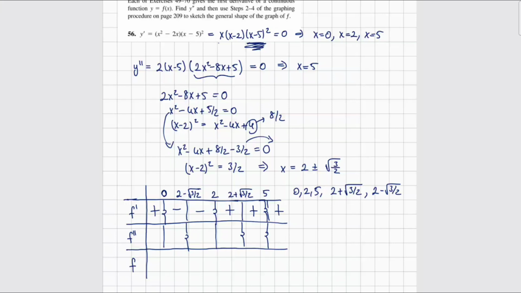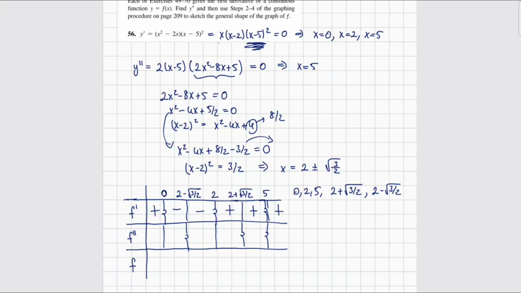Now for the second derivative, we can easily plug x equal to 0 into our second derivative to test that region, and it gives me a negative value. Since all the roots we found for the second derivative are single roots, the sign will simply alternate at each of its zeros.